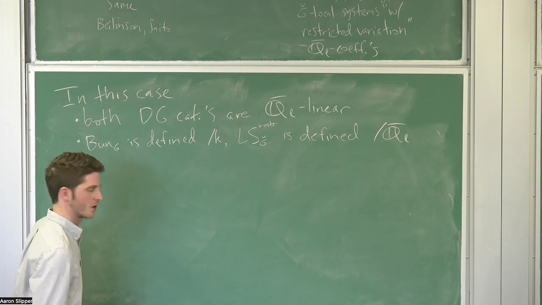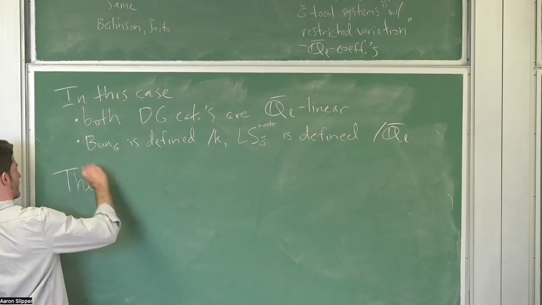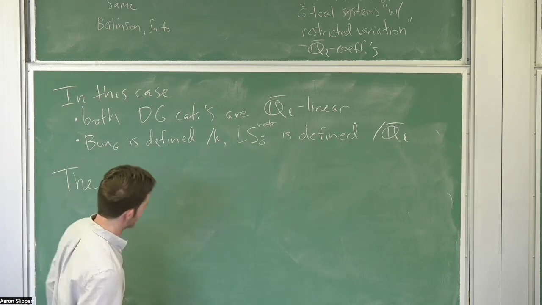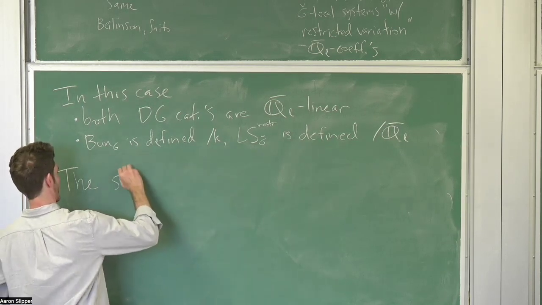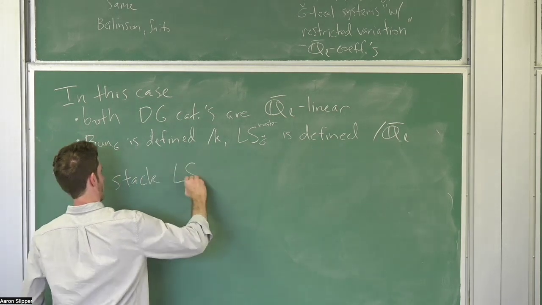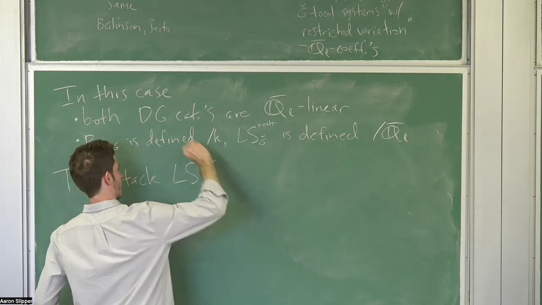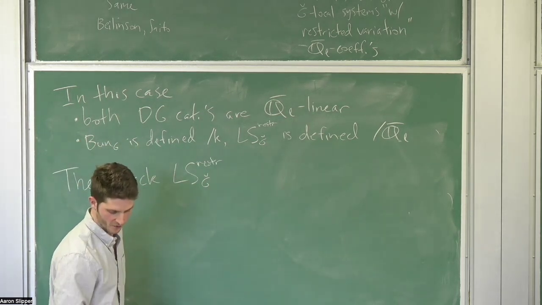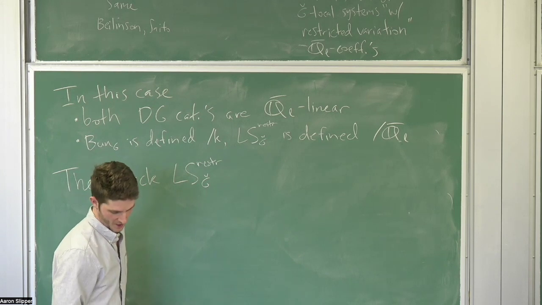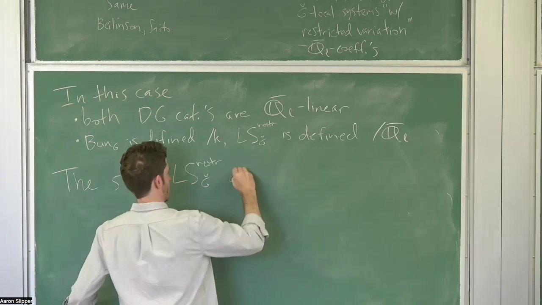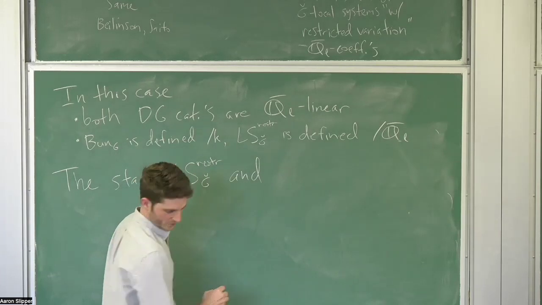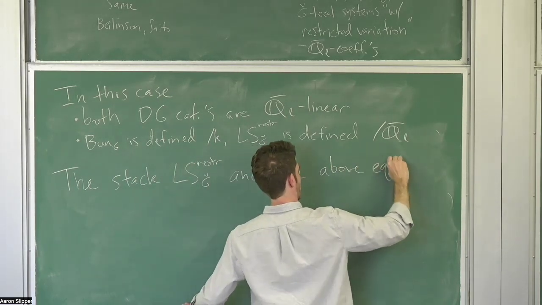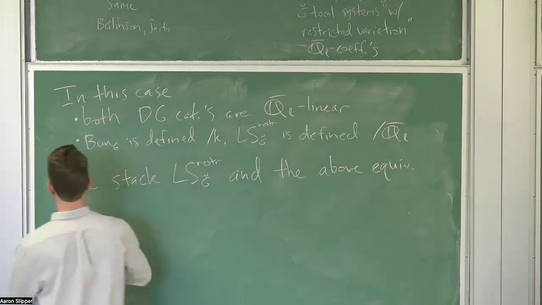Something about this LocSys restricted that's different is that you can make sense of this thing in any sheaf theory, in a reasonable sense. In particular, for the de Rham and Betti sheaf theories, both the stack and the above equivalence make sense.